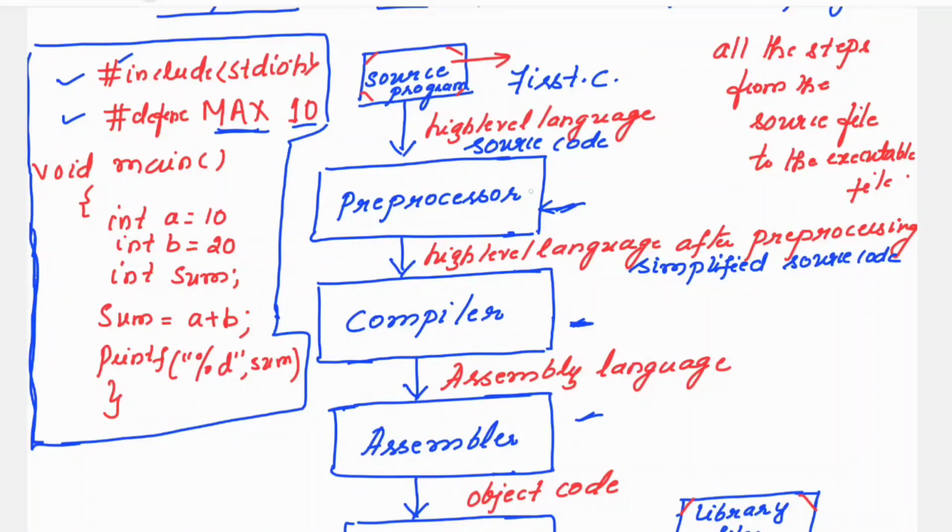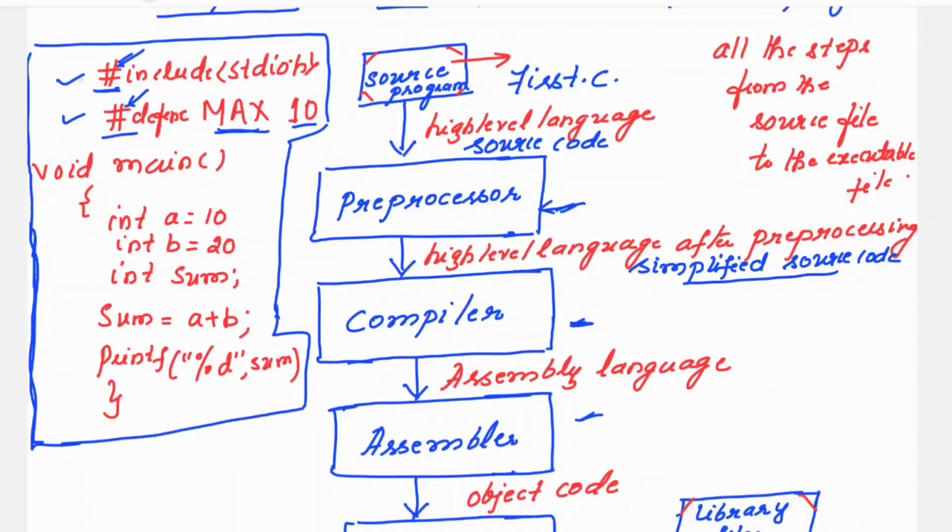The main job of the preprocessor is to convert these statements. Which statements? The statements which begin with the hash symbol, that is the pound symbol. Now these are called as the preprocessor directives. So it will try to process these statements and it gets included in the source code and it becomes a simplified source code.